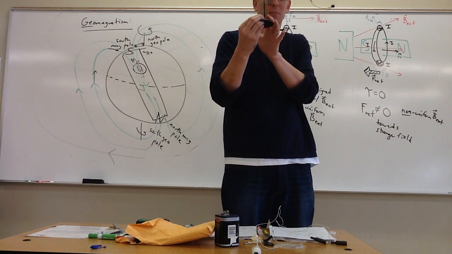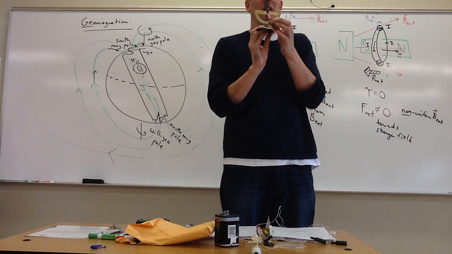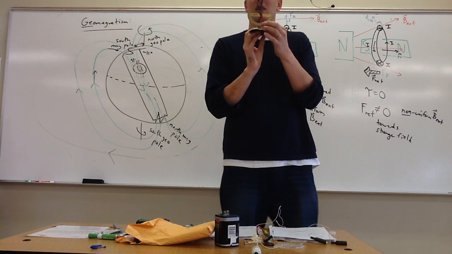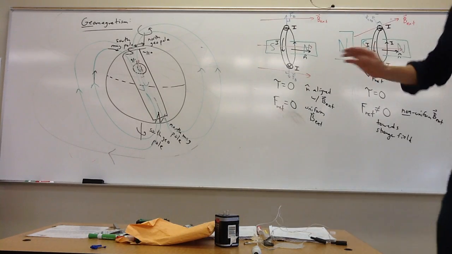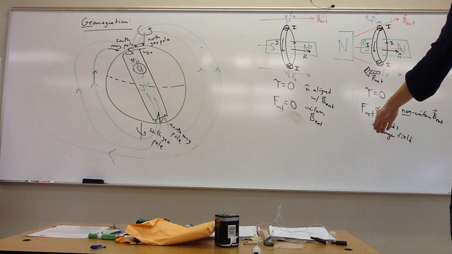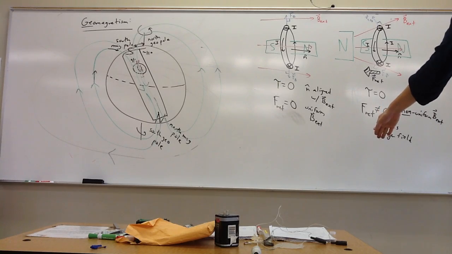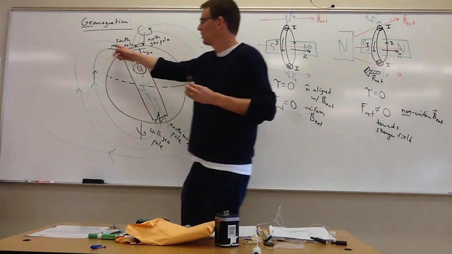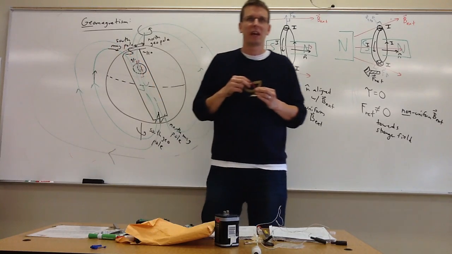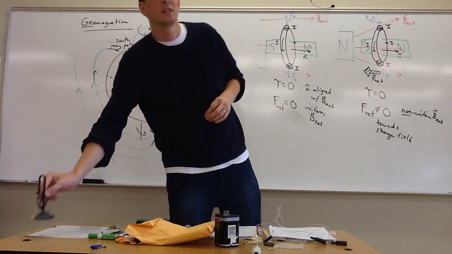Let me kind of hold it in place and tilt it to the side so you can see it. It looks like this. The magnetic field in this room is pointed north, yes, but significantly downward. It's because it's preparing to go straight into the pole, and we live pretty close to that.